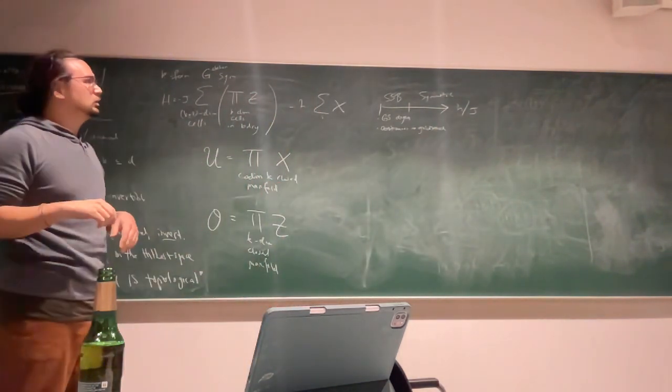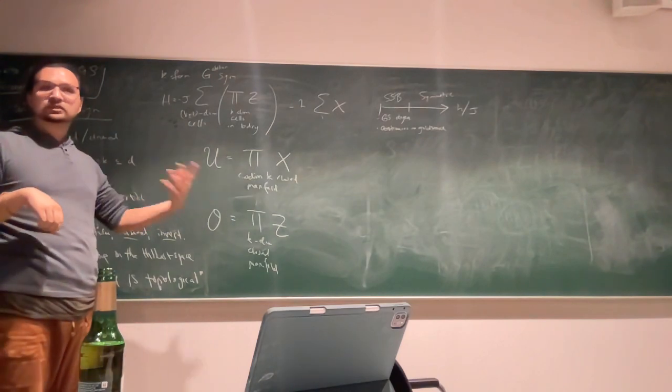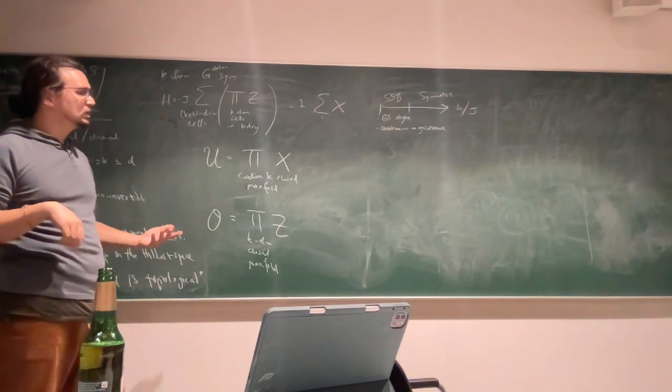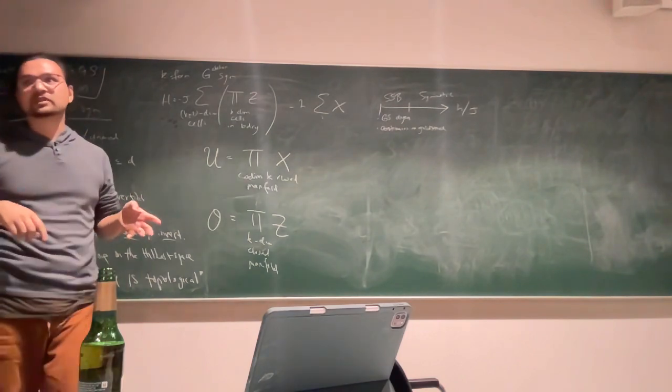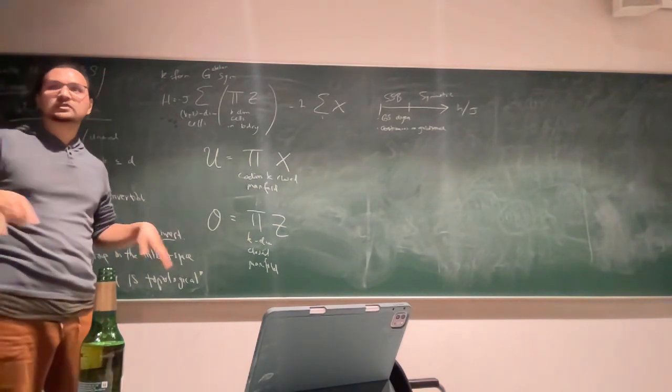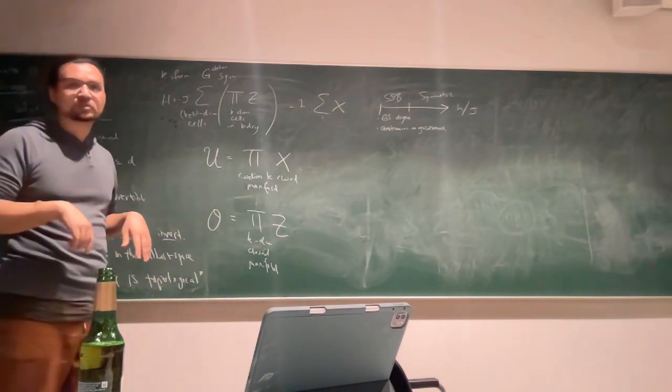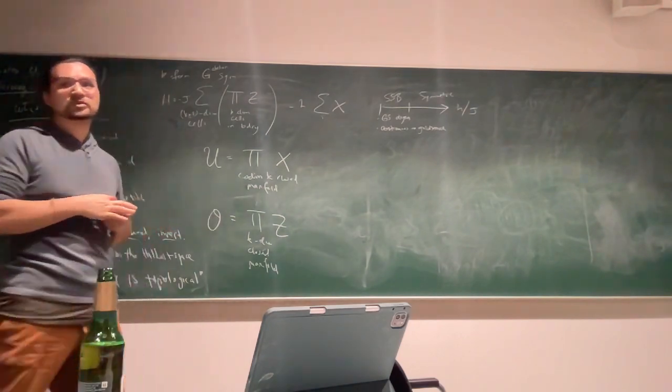In the case of an ordinary symmetry, if I spontaneously break a continuous ordinary symmetry, I get Goldstone modes. In the case of higher form symmetries, I get photons. So photons are the Goldstone modes of spontaneously broken continuous higher form symmetries.